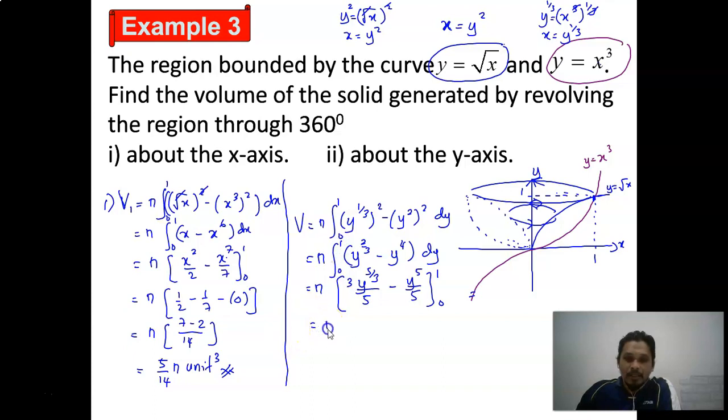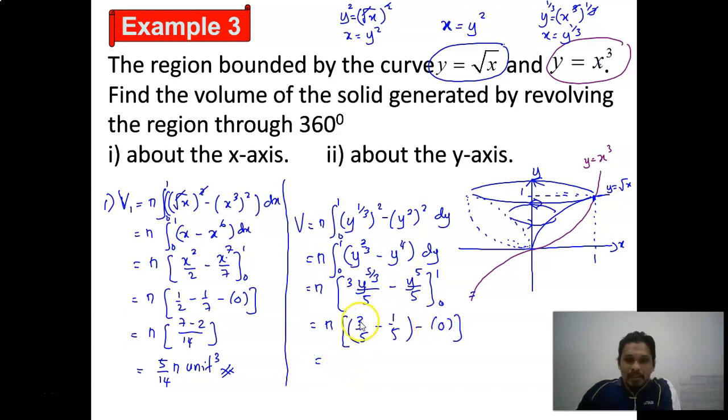As usual, we substitute the value of y equals 1 first. y to the power of whatever equals 1. 1 to the power of 5 over 3 is still 1, so 3 over 5 minus 1 to the power of 5 is still 1 over 5, minus 0 and 0.